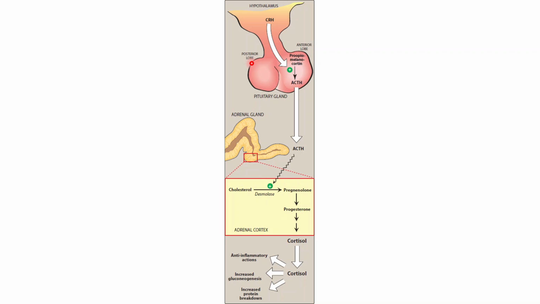The posterior lobe will synthesize other hormones. We will talk about them later. The adrenocorticotropic hormone is a tropic hormone. It's not the real hormone.